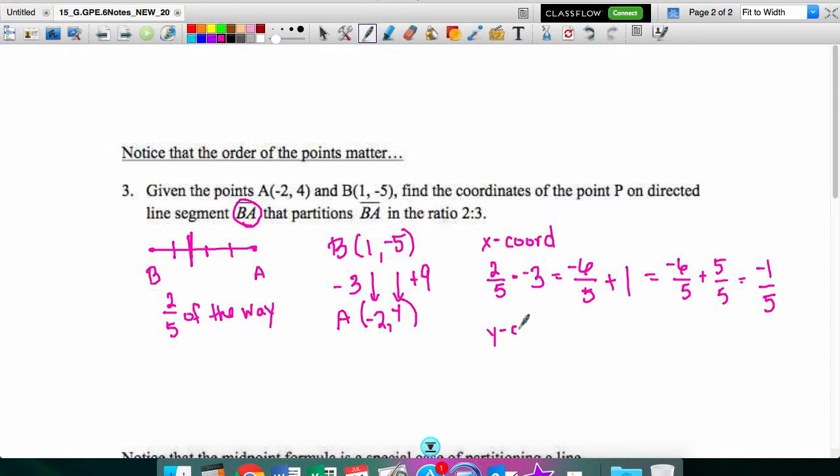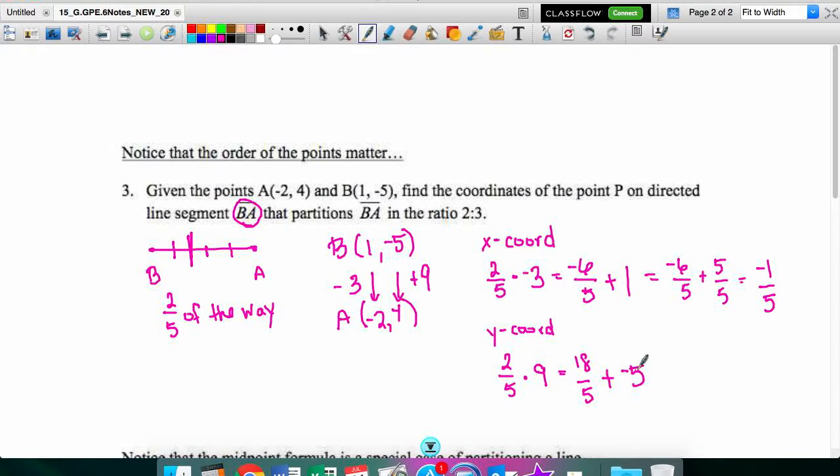Let's go ahead and calculate our y coordinate. We want 2/5 of the entire y distance, +9. Multiplying these, we get 18/5. This is our physical distance that we want to move away from our y coordinate.